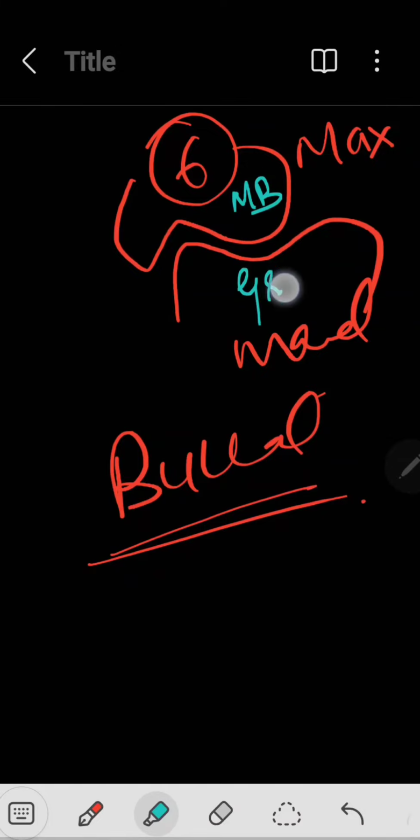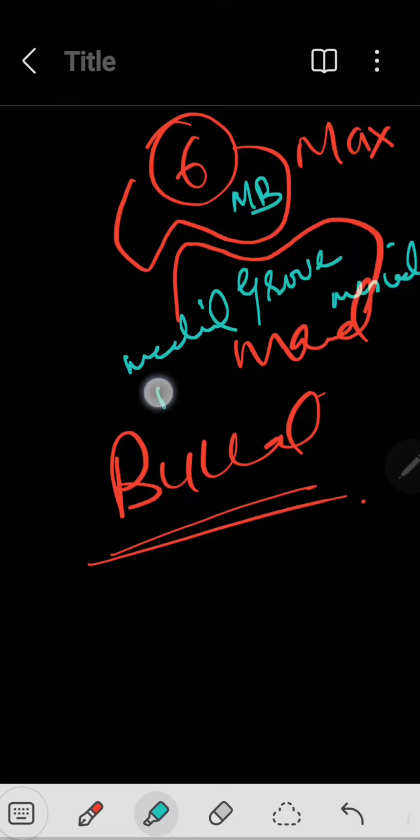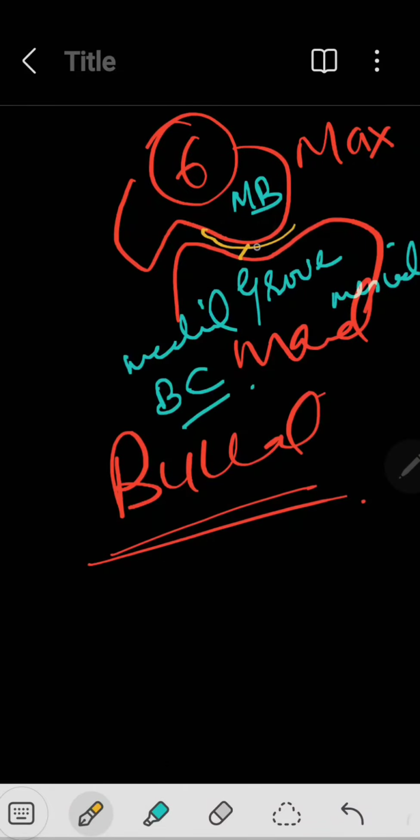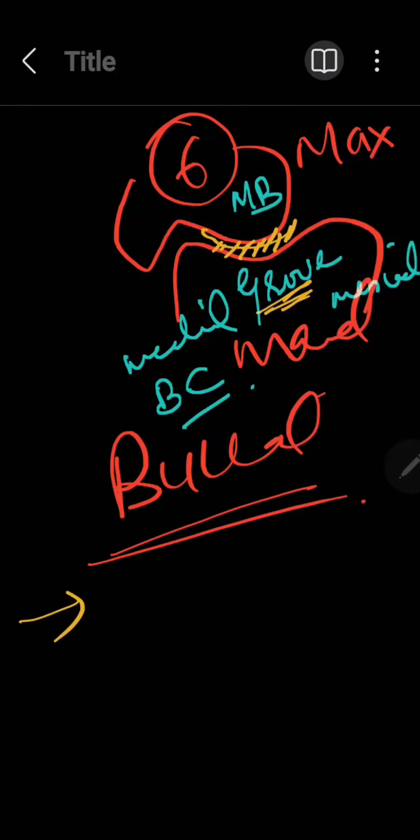This is the groove between the mesial cusp and the medial buccal cusp. You're getting my point? It should occlude here into the groove. I hope this point is clear to you. I tried my level best to make it clear to you.